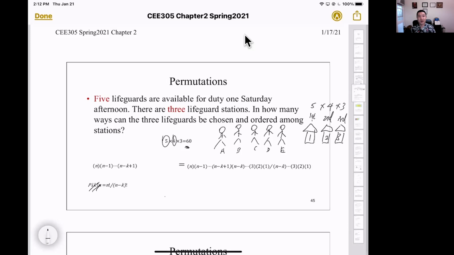So permutation is read as P n k. P n k is equal to n with an exclamation point, which we call factorial of n. So that is equal to n times n minus 1 times n minus 2, and so on, times 1.